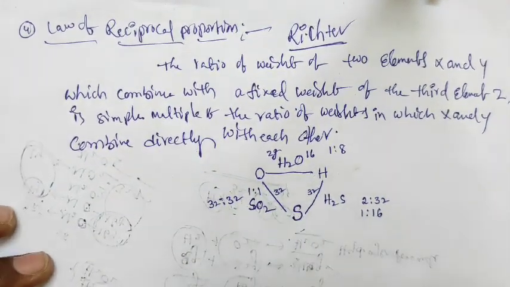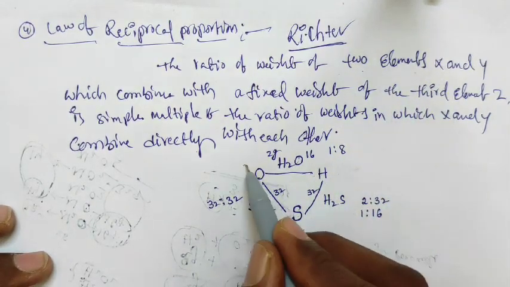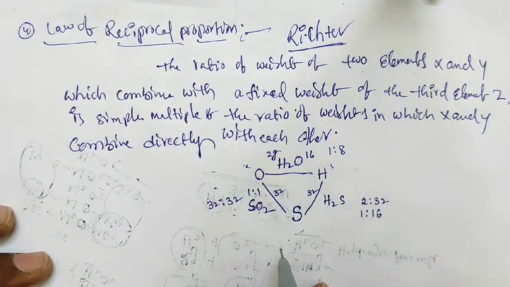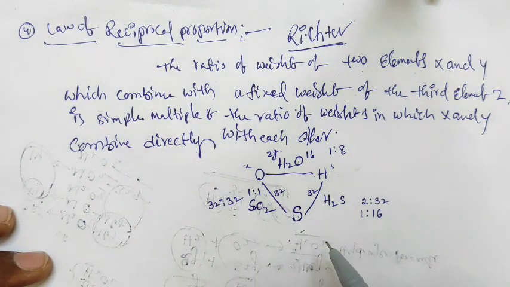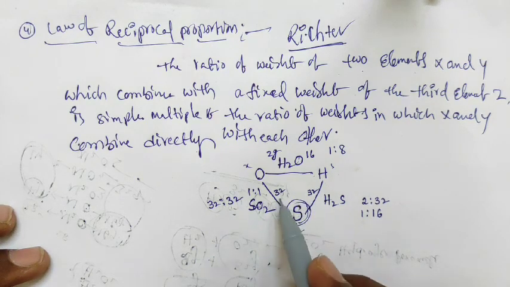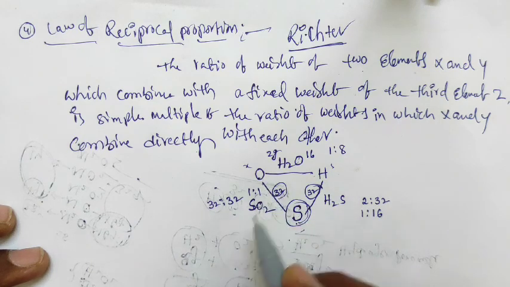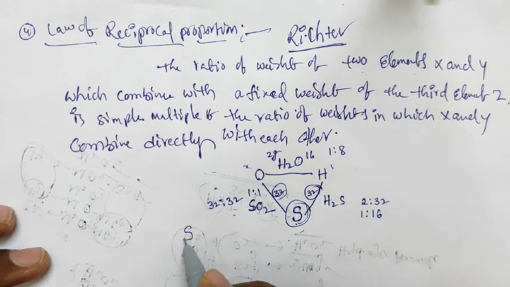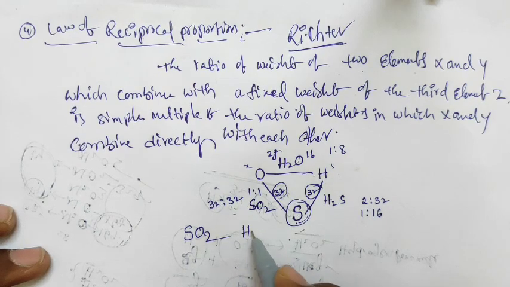So the law of reciprocal proportion means the ratio of weights of two elements x and y, here hydrogen and oxygen, which combine with a fixed weight of the third element. The third element is always 32 grams of sulfur. It combines with oxygen to form SO2 and with hydrogen to form H2S.